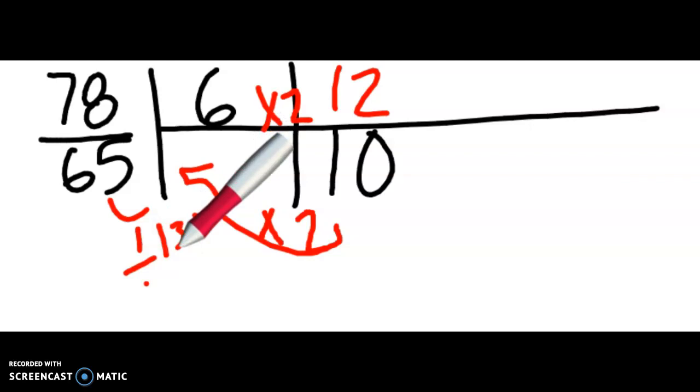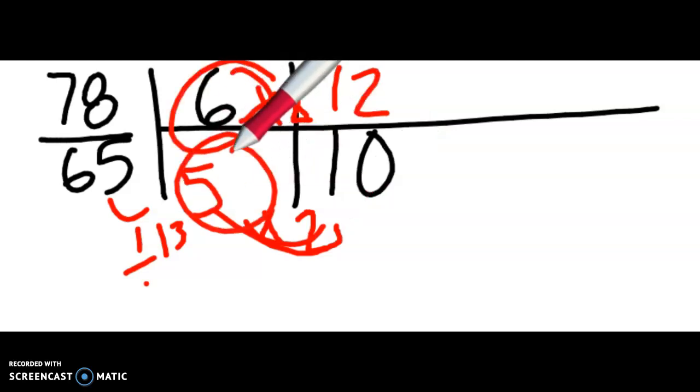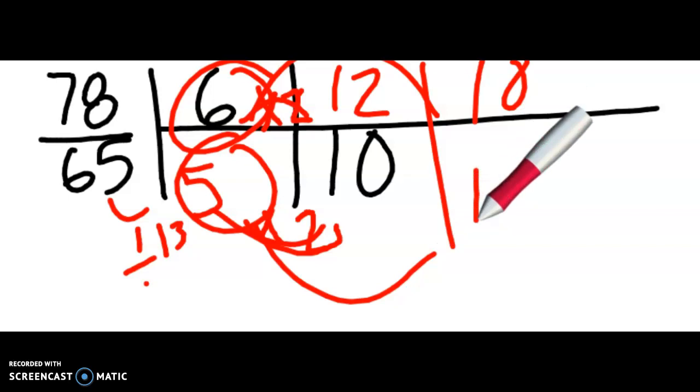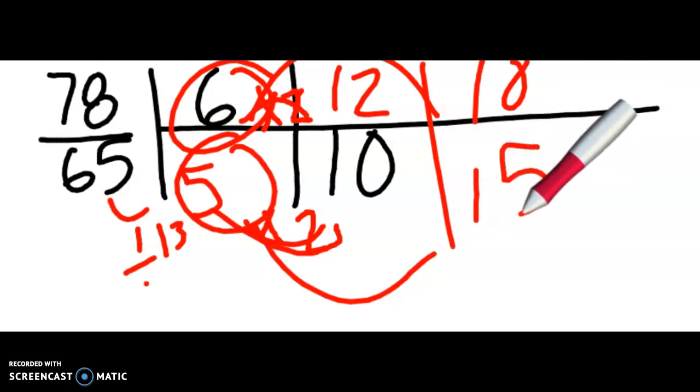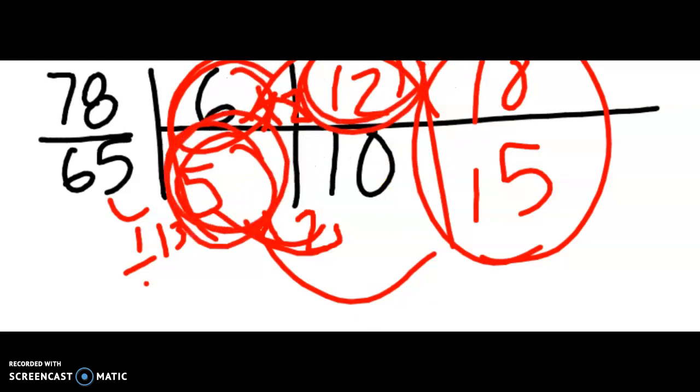Both these numbers are equivalent fractions, and then both of these numbers were multiplied by 2. So here was our base number, 6 over 5. There was no reduction of that, and we could just keep going. 6 times 3 would give us 18. 5 times 3 would give us 15. And it would just keep going with equivalent fractions. But our answer for this is 12 here and 5 here.